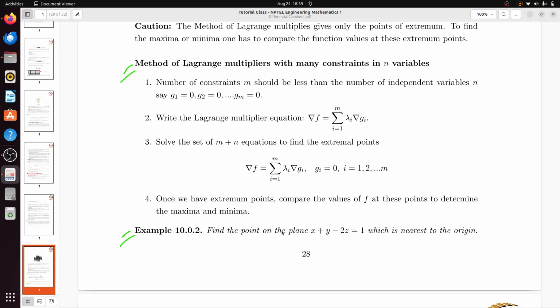So x equal to 1 by 6, y equal to 1 by 6, z equal to minus 1 by 3.